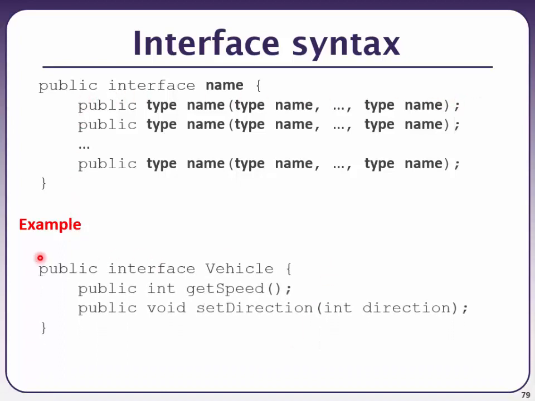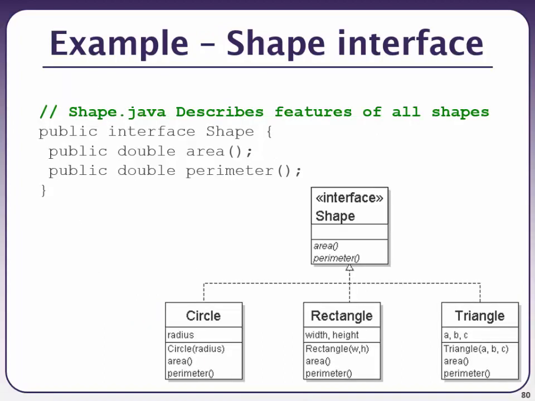Here's an example. So public interface Vehicle. Inside, we expect a public getSpeed method that returns an int, takes no parameter, and a public setDirection method that takes an int representing the direction and returns no value whatsoever. So going to our example about shapes, we could have an interface Shape.